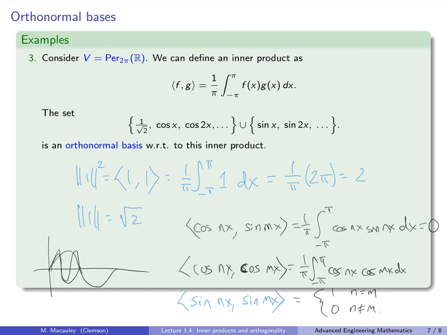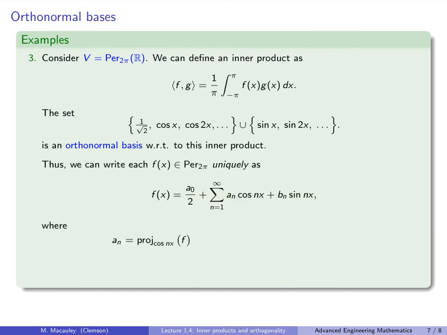And so this really means that every real valued 2 pi periodic function can be written uniquely as a linear combination of these sine and cosine waves, and possibly scaled by a constant.